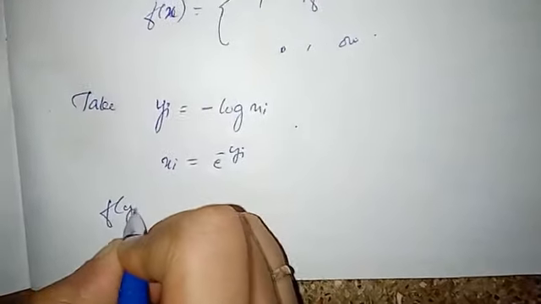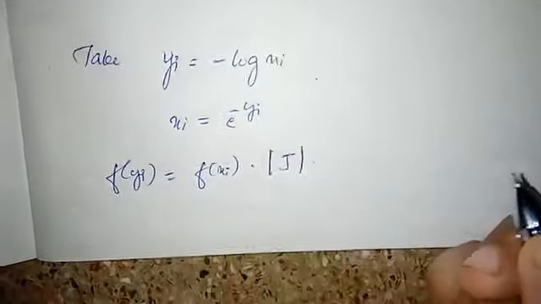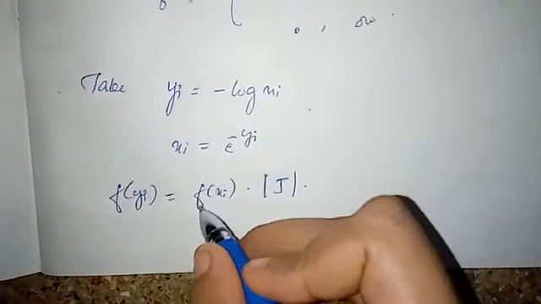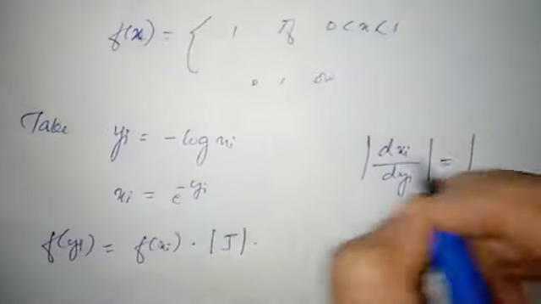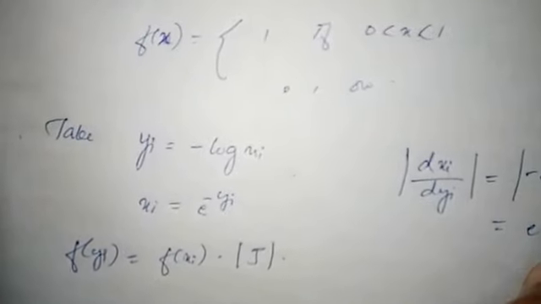The density of yi equals f of xi into the Jacobian. We know f of xi, so here we need to find the Jacobian. The Jacobian is the modulus of dxi divided by dyi. We differentiate xi with respect to yi, that is the modulus of minus e power minus yi, which equals e power minus yi.